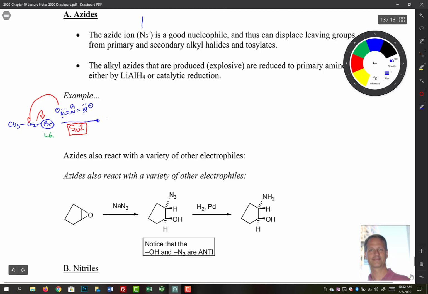All right, now that's going to give us CH3, CH2, and then we'll be connected to the azide thing, right? So then we have our nitrogen here, double bond, nitrogen, double bond, nitrogen, negative charge, positive charge, lone pair here.